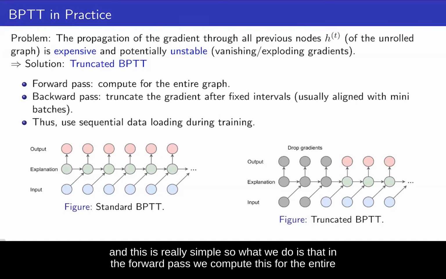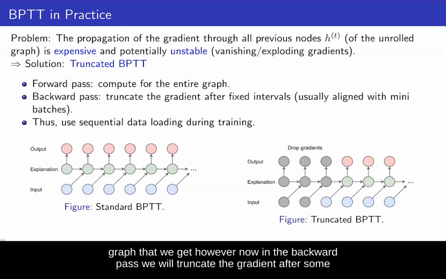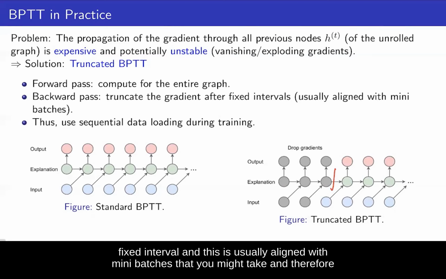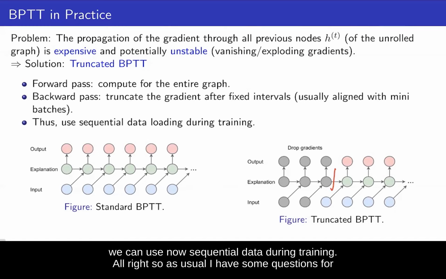And this is really simple. In the forward pass, we compute this for the entire graph that we get. However, in the backward pass, we will truncate the gradient after some fixed interval. And this is usually aligned with mini batches that you might take. And therefore, we can now use sequential data during training.